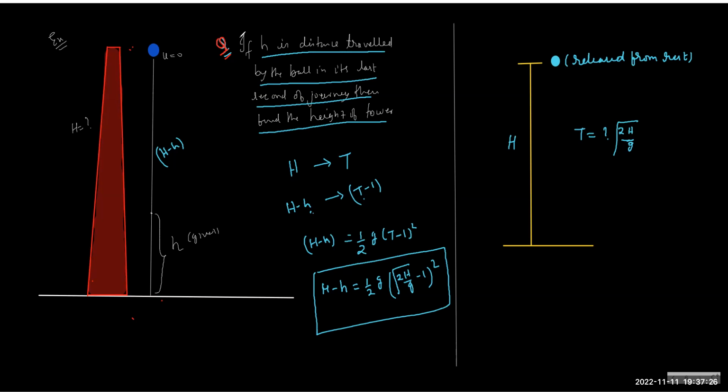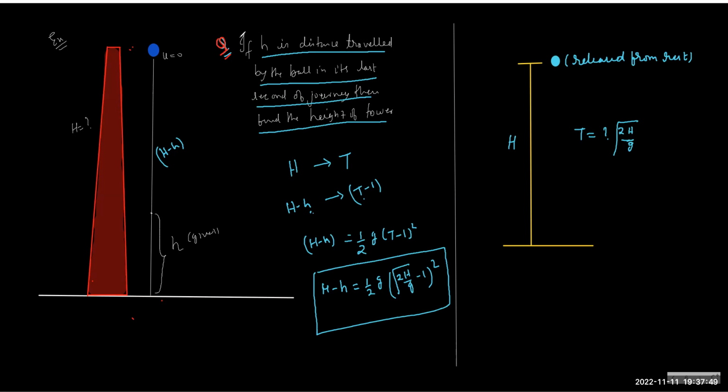It travels small h distance in the last second of its journey. So if you have a journey of 1 hour, small h is the distance which you travel in the last second of that 1 hour. Understood? That's the idea. Clear? Yes, sir.